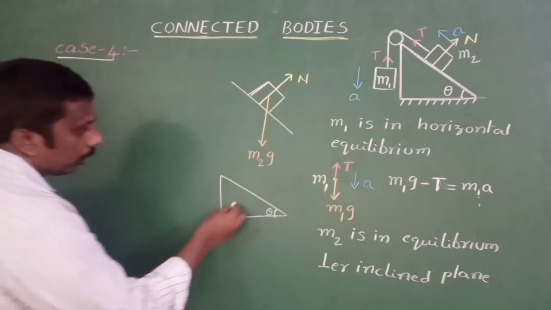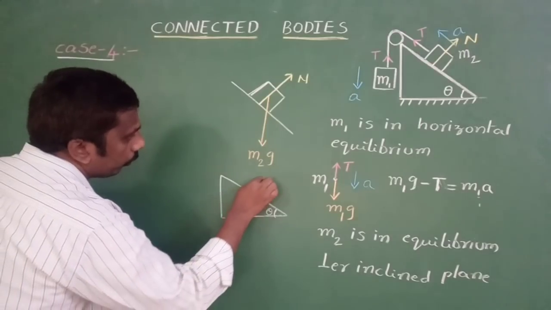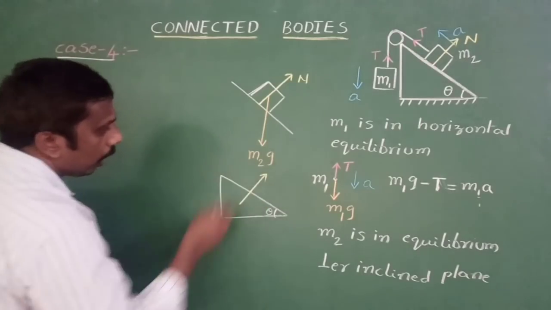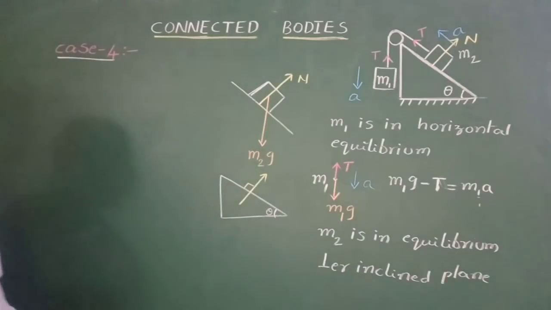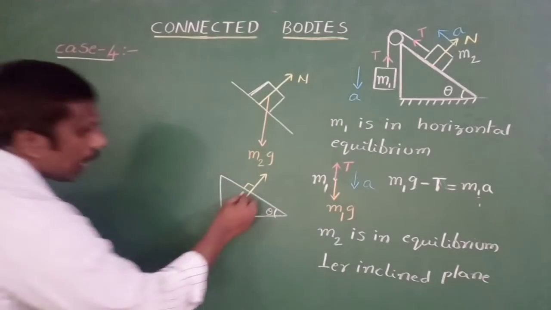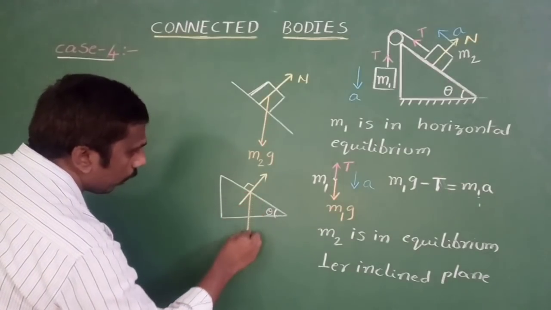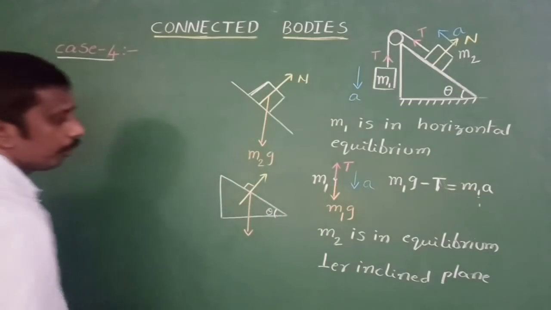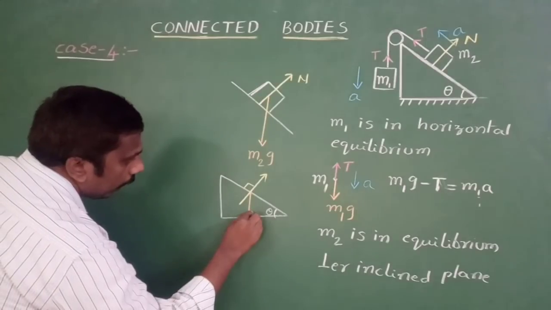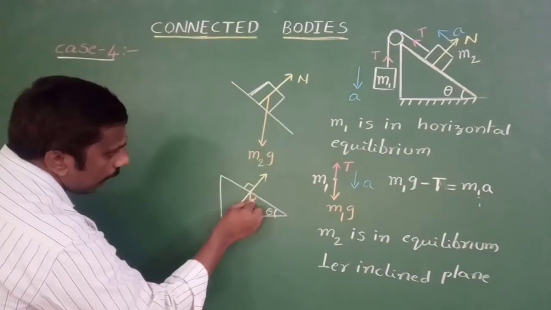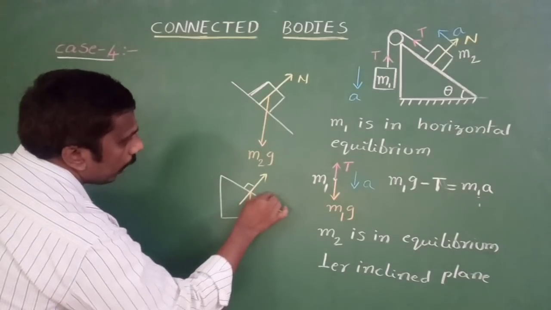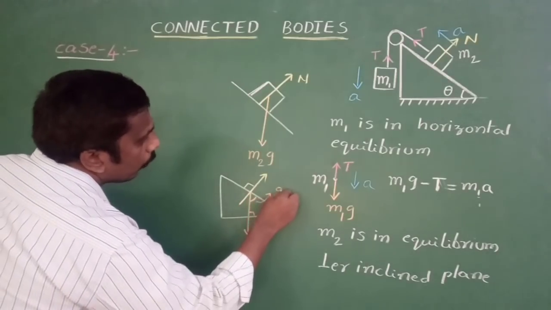Here is the normal reaction direction, making an angle 90 degrees with the plane, and weight is acting vertically downward. This angle is 90, so this angle is equal to 90 minus theta.